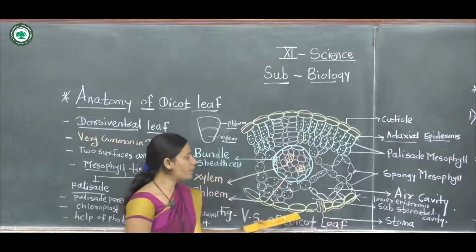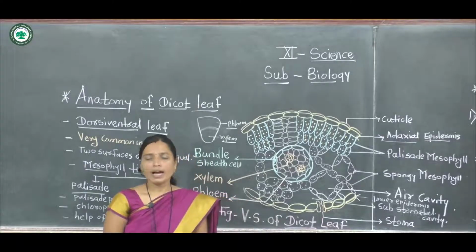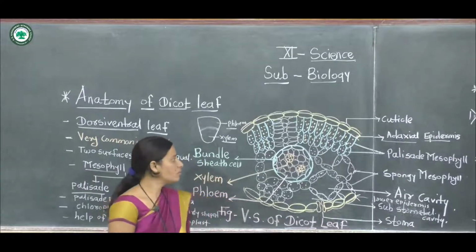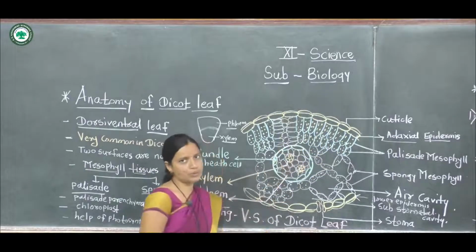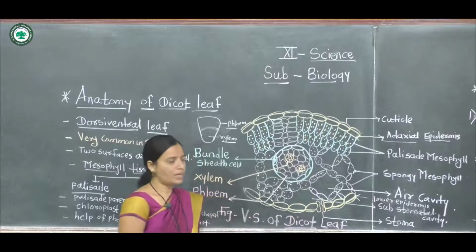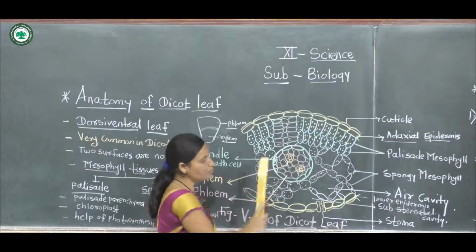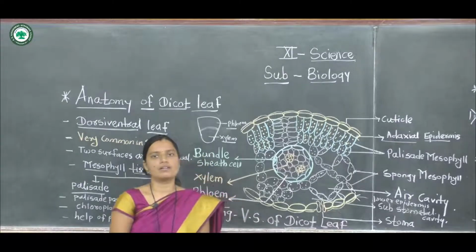In the lower epidermis a number of stomatal pores are present, and the inner part of the leaf shows the palisade mesophyll tissues and spongy mesophyll tissues. The innermost part is very important because it contains the vascular bundles.